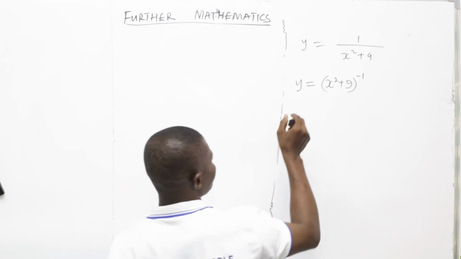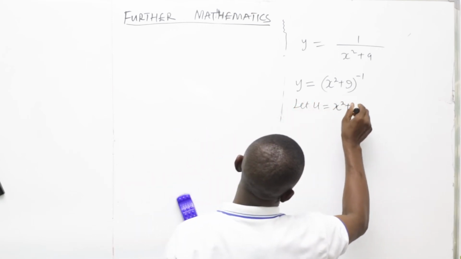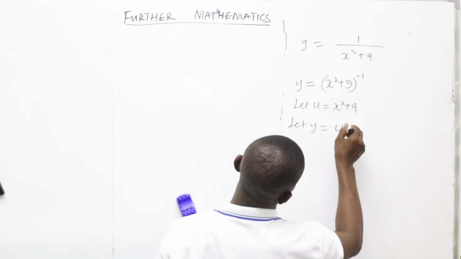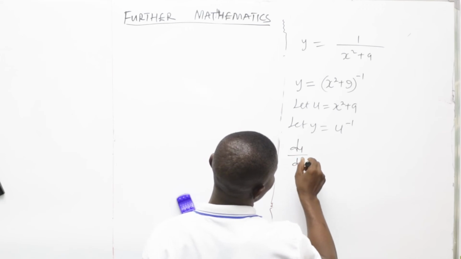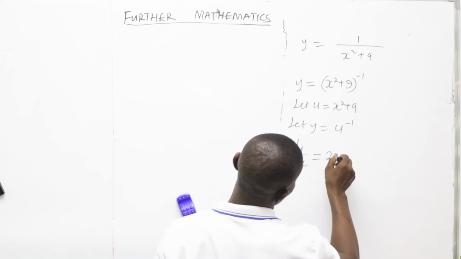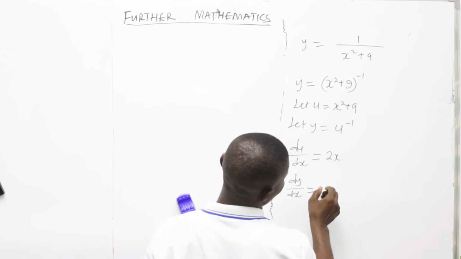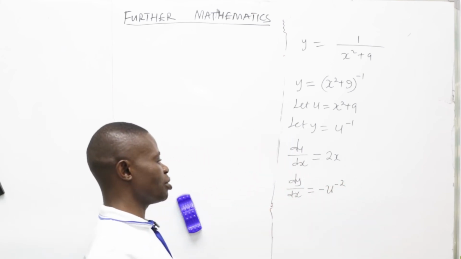So we're going to apply the chain rule. Let u equals s squared plus 9. Let y equals u to the power minus 1. So that du/ds equals 2s and dy/du equals minus u to the power minus 2.